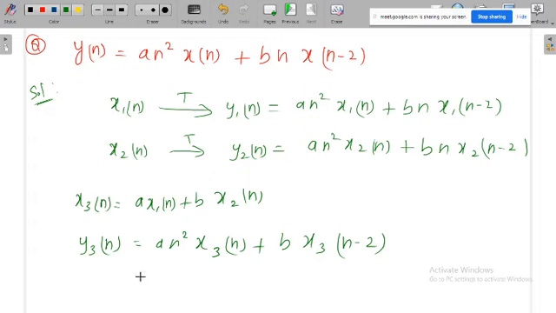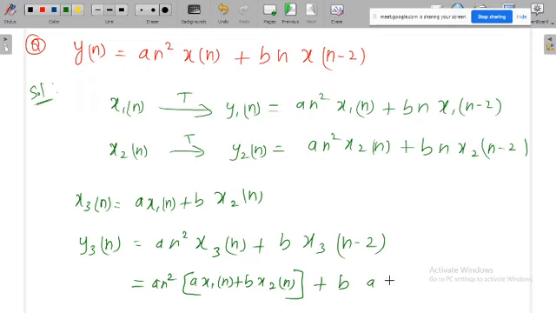So first this is a n square. What is the value of x3 of n? That is a x1 of n plus b x2 of n. Here plus bn x3 of n minus 2. You have x3 of n, but we need x3 of n minus 2.